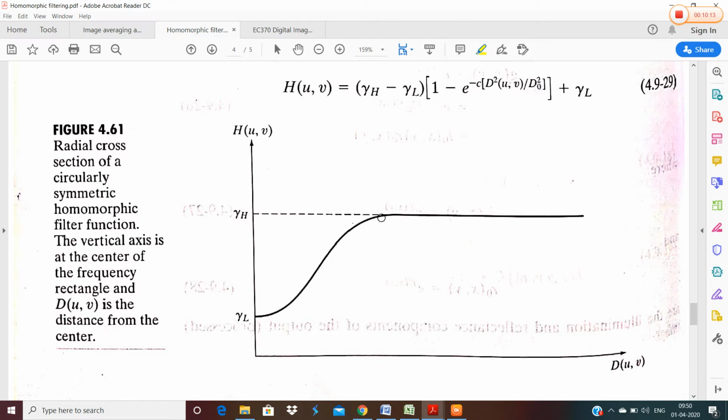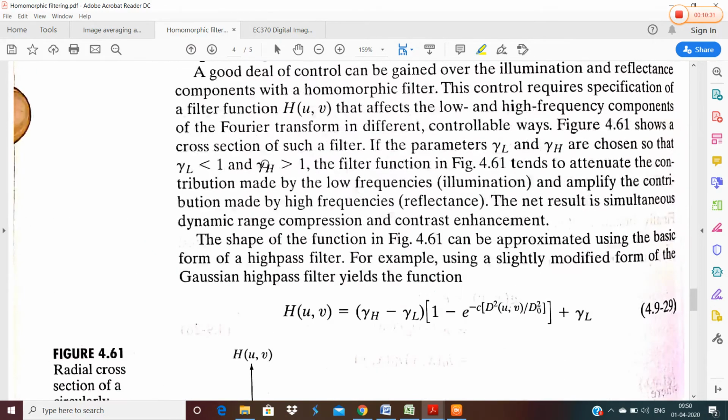So our aim is to make the response of this filter towards low frequencies, that is, low frequency means illumination, equal to gamma L. And for high frequency, that is for reflectance, the response will be gamma H, that is greater than 1. So for the illumination part, you have an attenuation, and for the reflectance part, you have a gain.